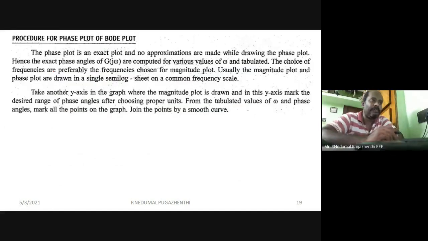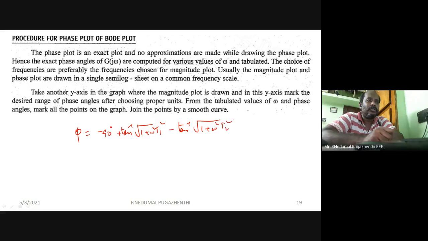And if you go for a phase plot, your phase plot will be phi is equal to, based on the transfer function, you may have the phase angles in degrees. For example, this particular transfer function given in the problem will have tan inverse of omega T1 minus tan inverse of omega T2.